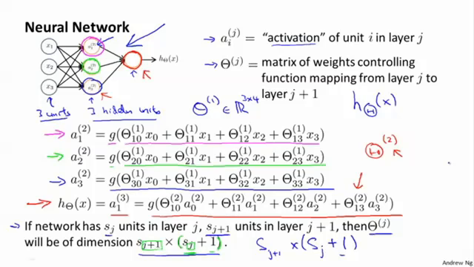So this gives us a mathematical definition of how to represent the hypothesis in a neural network. In the next few videos, what I'd like to do is give you more intuition about what these hypothesis representations do, as well as go through a few examples and talk about how to compute them efficiently.